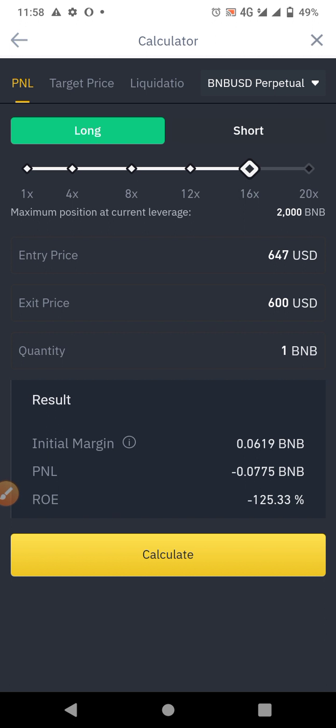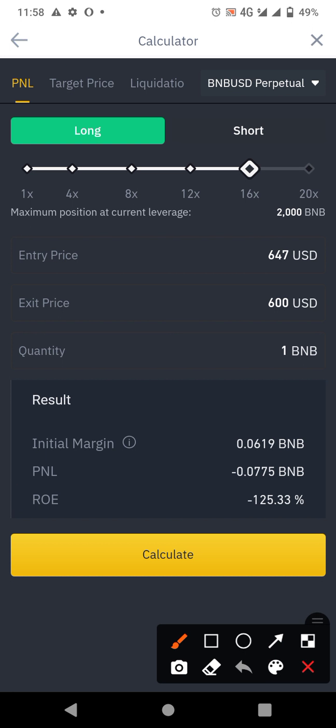Are you getting me? If I'm using 16 leverage, and the highest is 20, and BNB now drops to $600, that means I'm at minus 125% loss. That means I must have lost this. My initial margin I'll be using to trade is 0.06.